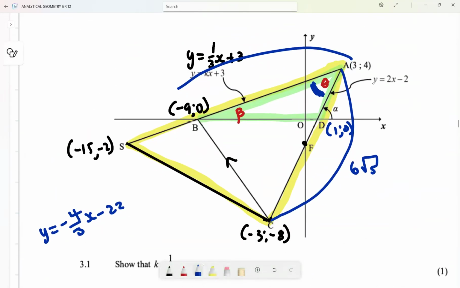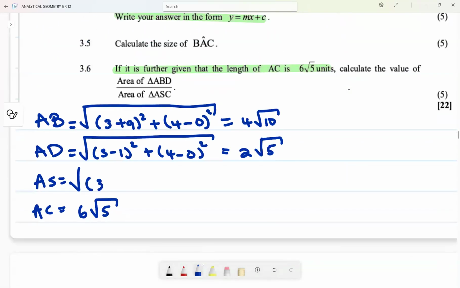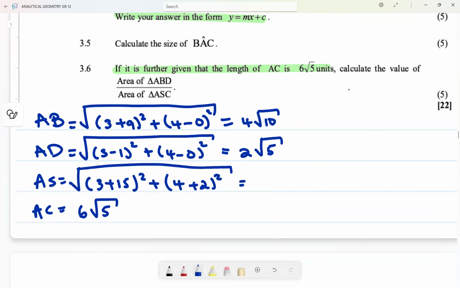So it's going to be 3 minus 15, which is 3 plus 15, and 4 plus 2. 3 plus 15 squared plus 4 plus 2 squared. And then this gives me something like 6 root 10.